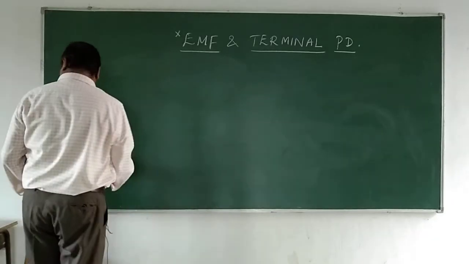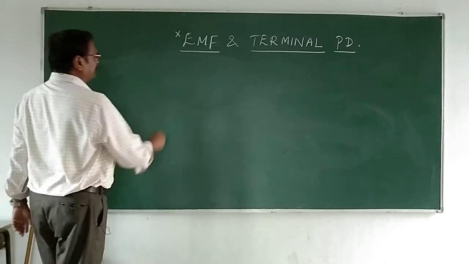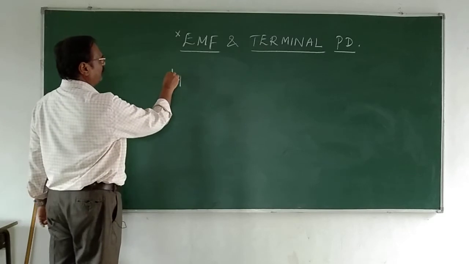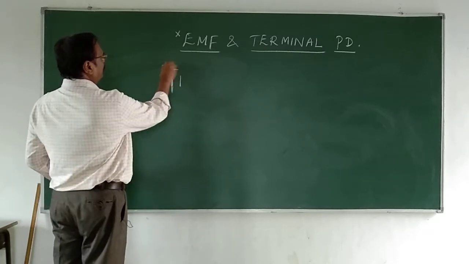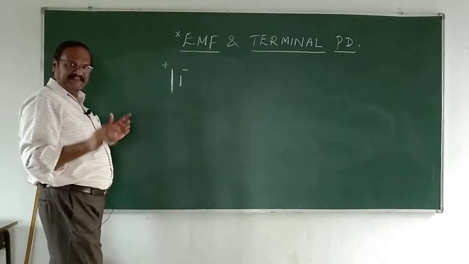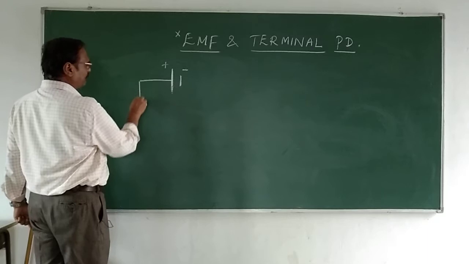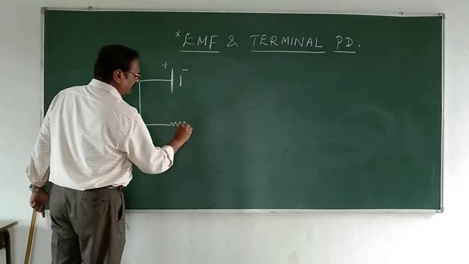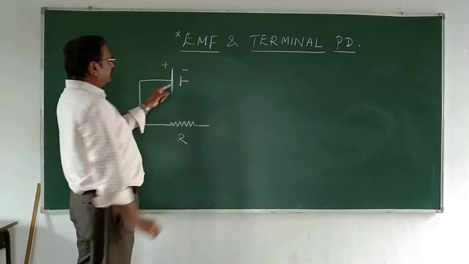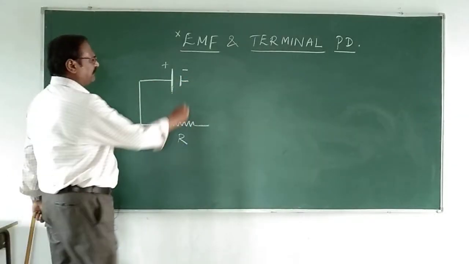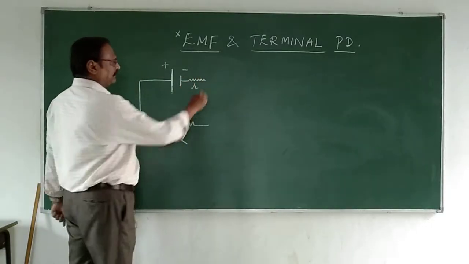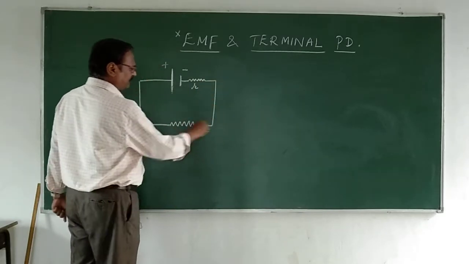A simple circuit consists of a cell, with a long line which is positive and a short line which we represent as negative. I connect this cell to an external resistance, capital R, and the cell inside has internal resistance, small r.